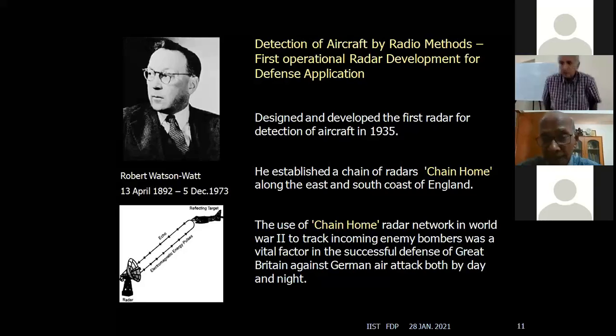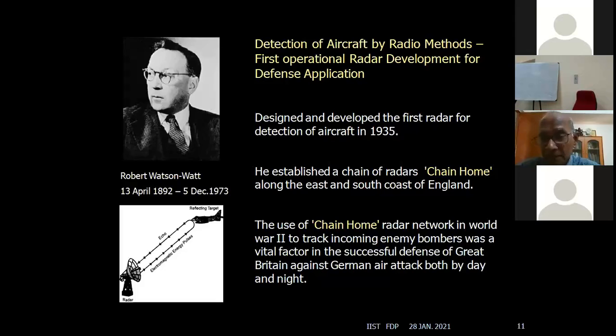He demonstrated the first radar. By 39, he perfected the radar and placed so many radars as a chain. It's called a chain home radar network all along the coast of England to detect the enemy radars. That was the World War II. To detect the Nazi bombers, aircraft bombers, he has used this chain of radars.